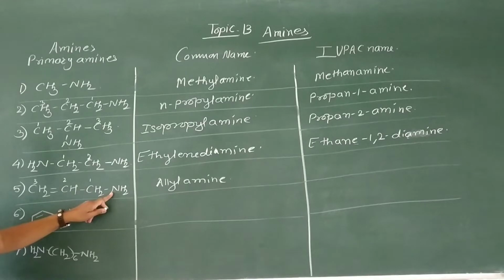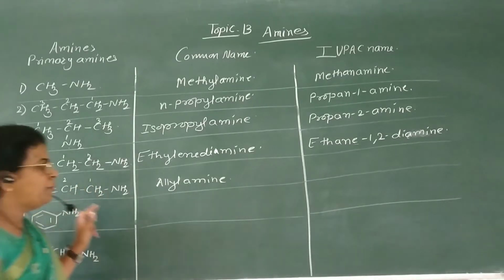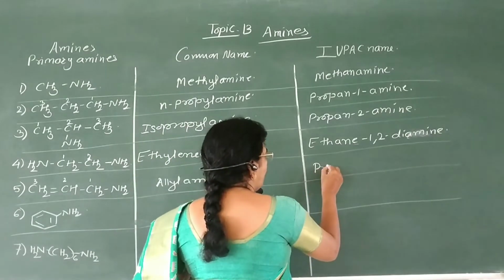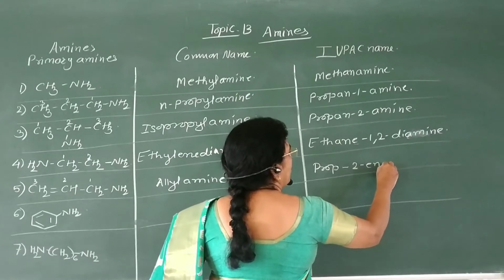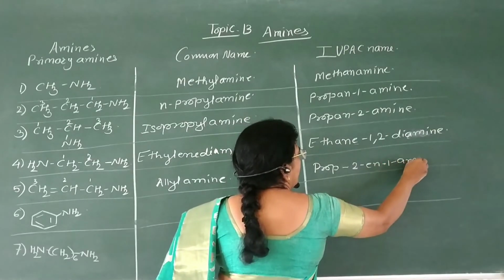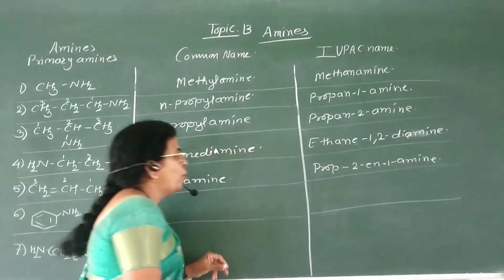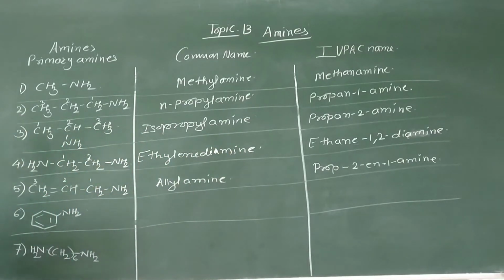And at 1 position there is the NH2 group. At the 2 number carbon atom there is a double bond. Therefore the IUPAC name becomes prop-2-en-1-amine.